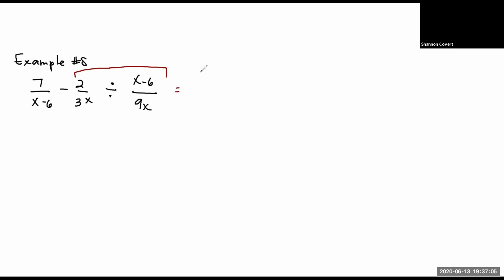So as I rewrite this problem, I'm going to leave 7 over x minus 6 at the beginning, minus, and I'm going to look at 2 over 3x, and I'm going to go ahead and turn that into a multiplication problem, times the reciprocal, which is 9x over x minus 6. I need to do this part first.